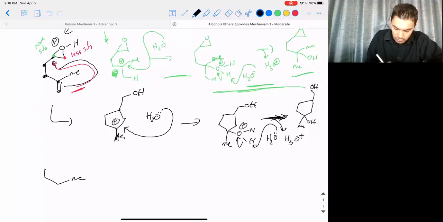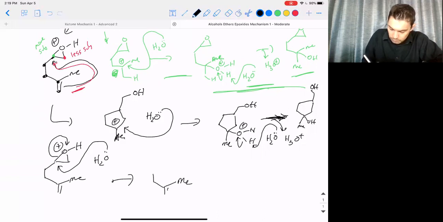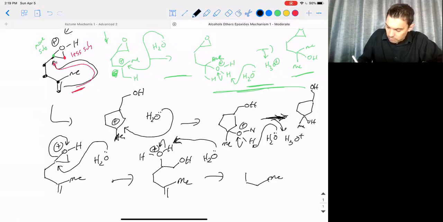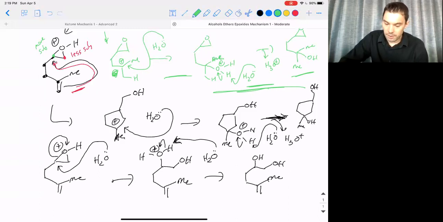If I draw the protonated epoxide here again, I could imagine my same water nucleophile coming in and doing that attack, and then that would generate this intermediate, and again, I could have water deprotonate that intermediate to ultimately generate a diol.